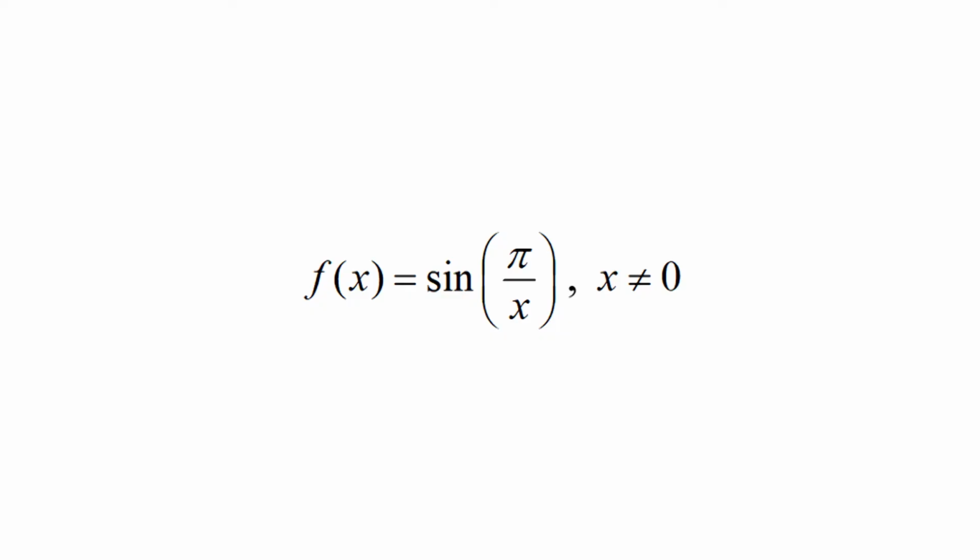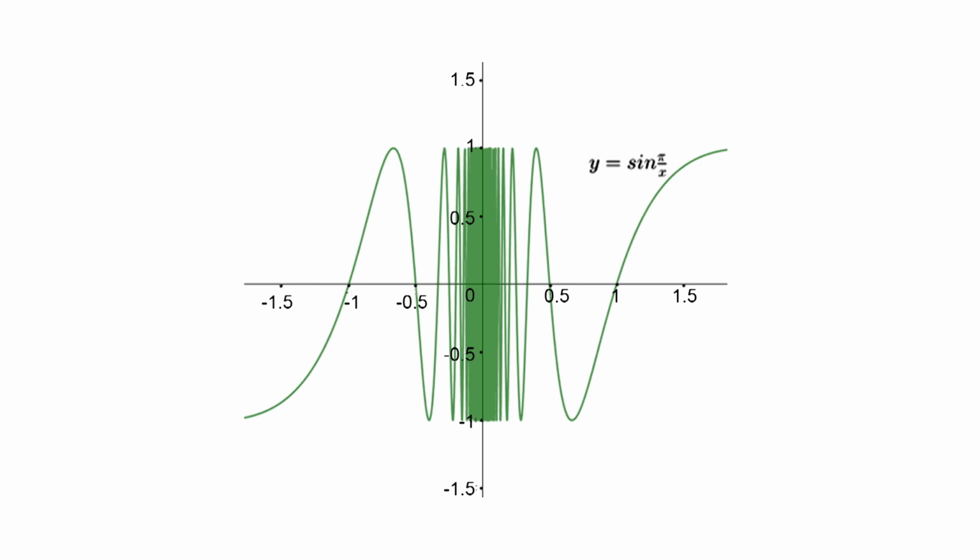To see that the conclusion from the table is false, let us consider the graph of the function f(x) equal to sin of pi upon x, where x is not equal to 0. The graph reveals that the value of f oscillates between minus 1 and plus 1 with increasing rapidity as x approaches 0, and hence the function's values do not approach a limit value.